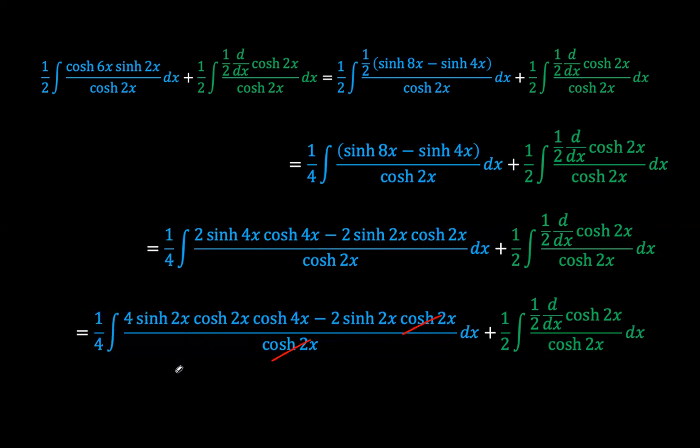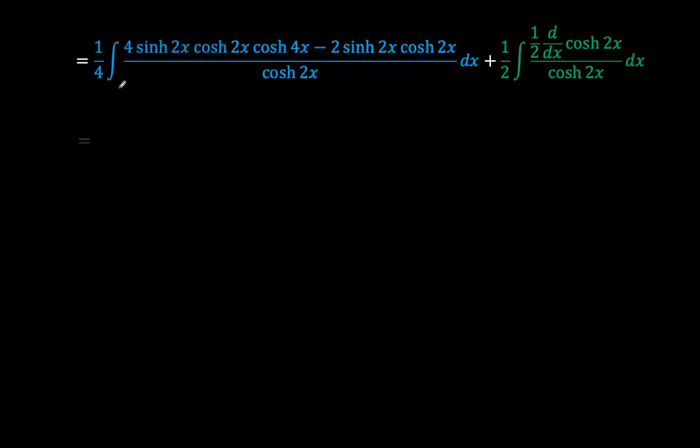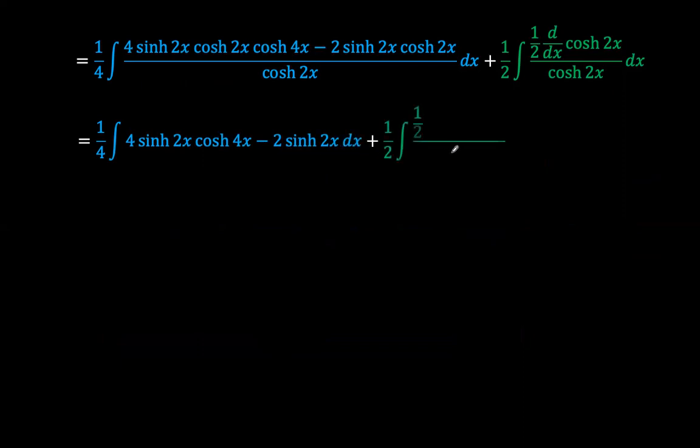Apologies, the rest is, but we are meant to divide this. So these two cancel, so the denominator disappears, and now we have a quarter times the integral of 4 sinh 2x cos 4x minus 2 sinh 2x. And then obviously the green integral remains as it is.